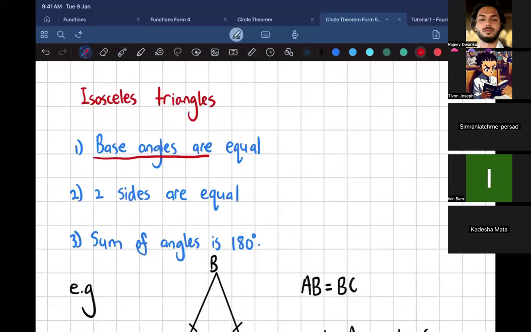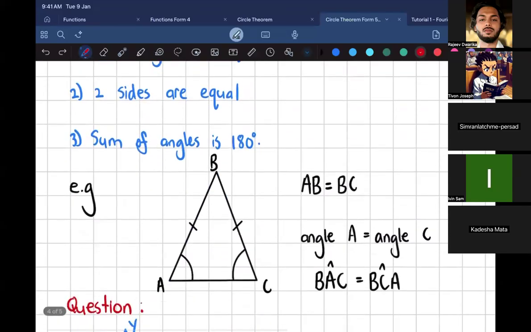The base angles. Do you understand what I mean by base angles, or is that part a little confusing? Isn't that with AB and BC started on?